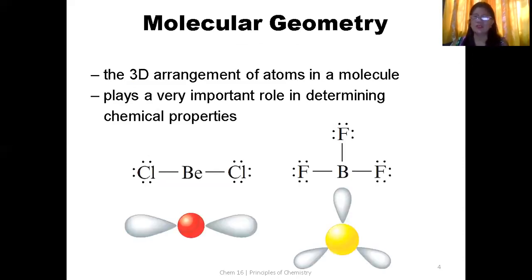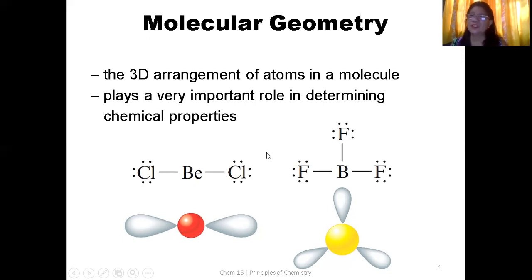So what do you mean by molecular geometry? Actually, molecular geometry is the three-dimensional arrangement of the atoms in the molecule, wherein we have to extend our imagination of how it is formed. We already discussed this in the Lewis structure, wherein we already know which will be the central atom. For instance, this is beryllium dichloride.